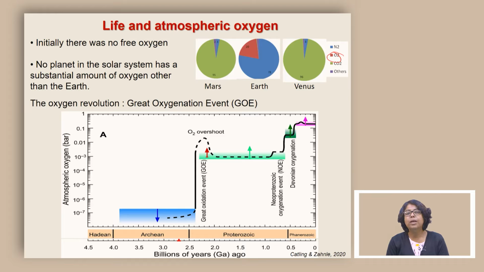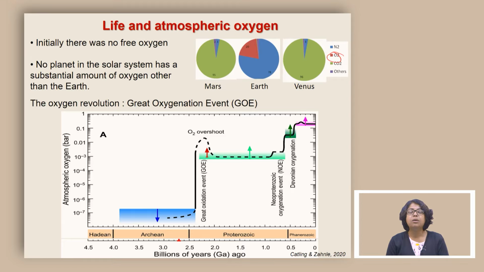And because we know that the planets started around the same time, they had a similar history, so we should expect that the initial part of the Earth must have been similar to other planets too. If we go by that, it's not very hard to understand that the initial history of the Earth must have been devoid of oxygen. There must not have been a lot of oxygen at the beginning.